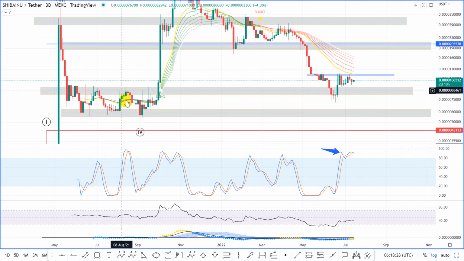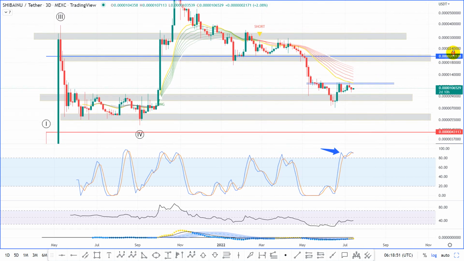Certainly over here, look, it was in the overbought territory. Then there happened a crossover, and it went lower and made the lower low, actually broke all of these lows. Can we expect something similar here, that it will break this low and maybe go for the retest of that area? Absolutely possible. You never know.